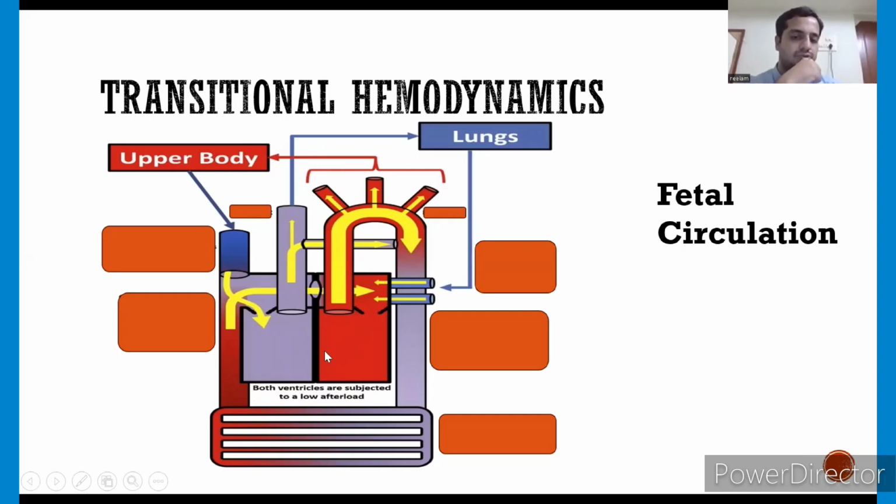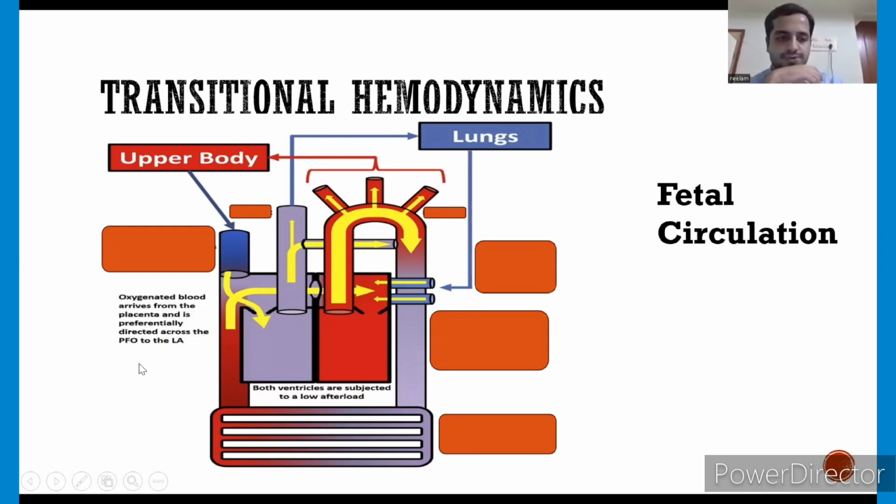So आपका जो LV का जितना भी volume है, that is not coming from the lungs, because in your in utero circulation, lungs को blood supply नहीं होता है. It is very minimal blood going to the lungs. Majority of the blood from the RA RV is going through the ductus arteriosus into the descending aorta, and descending aorta से वो body में जाके ultimately placenta में जाएगा.